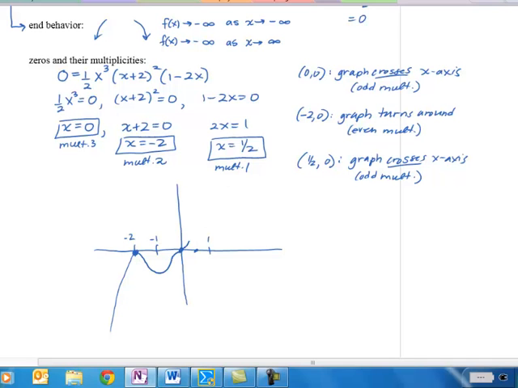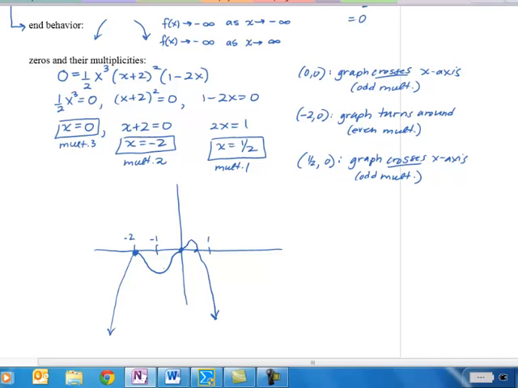And then we need to get back down to 1/2 and cross the x-axis there. So there will be a relative high point, and that one would go straight across because this is multiplicity 1. So rather than leveling out and then going across, this would just go straight across. And then we'll go down on the other side.